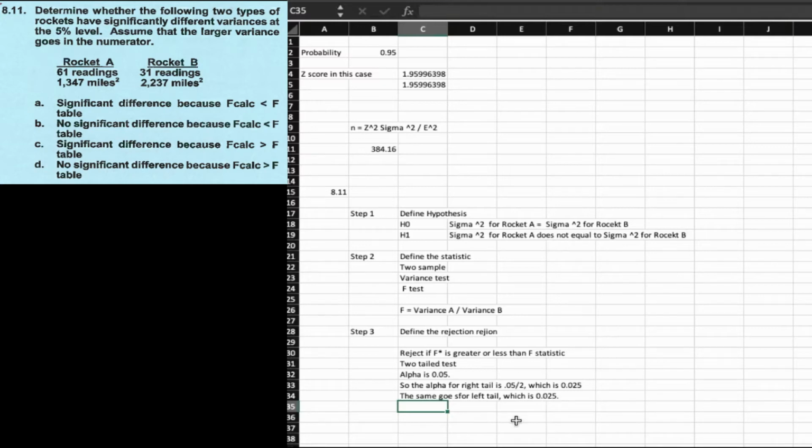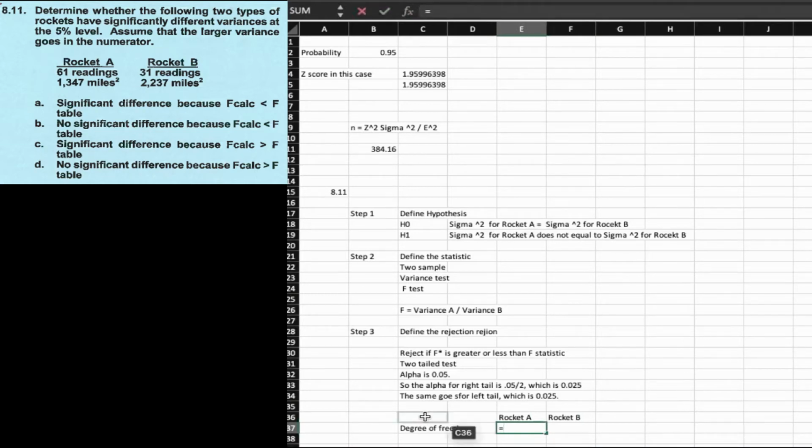Okay, so let's find the rejection region. So the first one says we have to find the degree of freedom. And we have rocket A and rocket B. And that's n-1, okay?